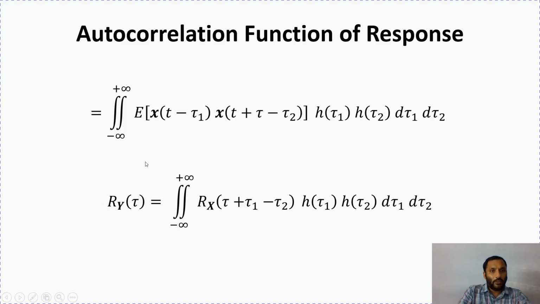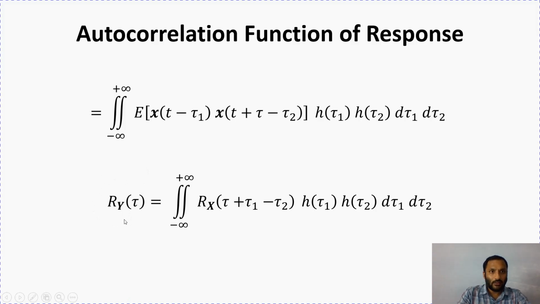When the input is Wide-sense stationary, the mean of the response of the system is also a constant. Therefore, we also satisfy the first condition of Wide-sense stationarity. Hence, in fact, we can call this random process capital Y also a Wide-sense stationary process.